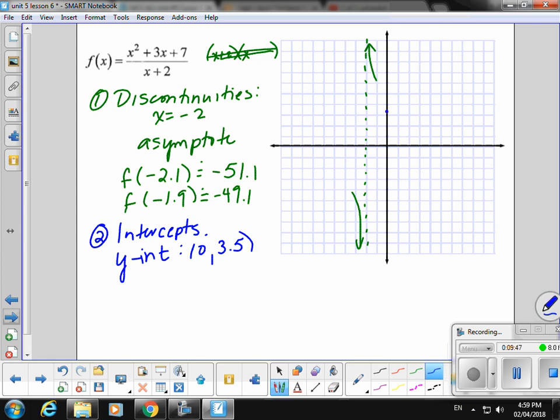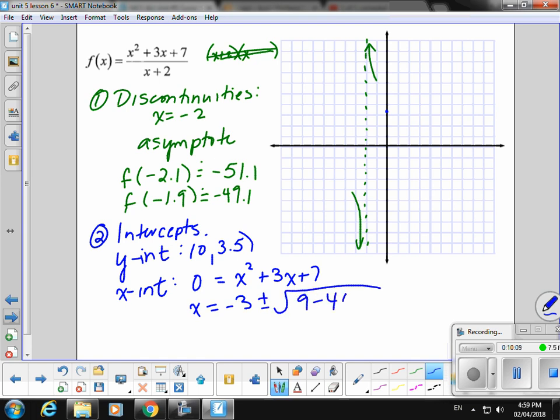All right. My x-intercept. This is where the function is 0, specifically the numerator. I would use the quadratic formula for this one. Negative 3 plus or minus the square root of 9 minus 4ac.